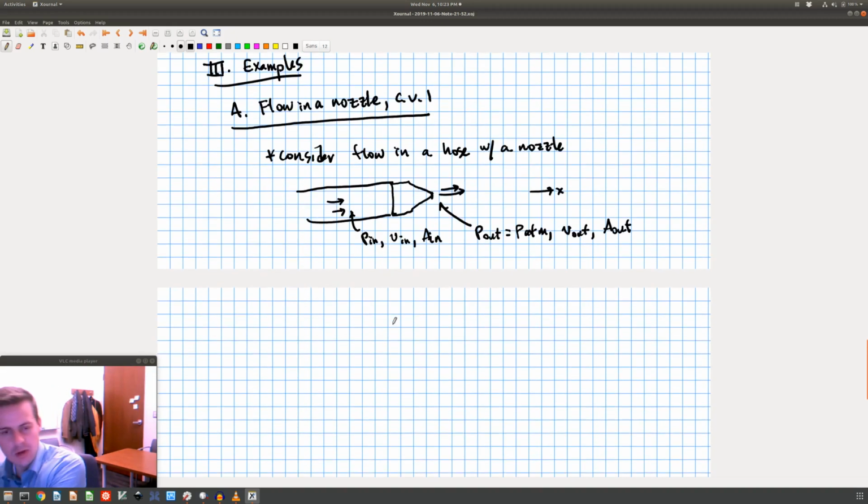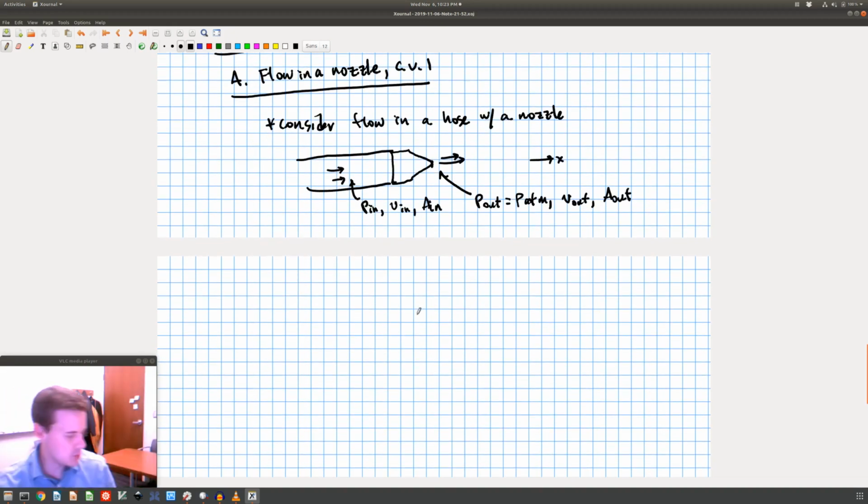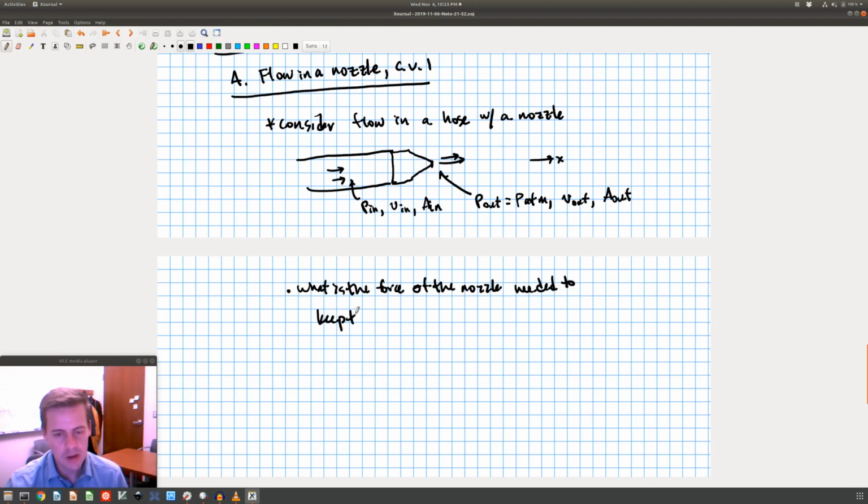Let's ask the question as follows. What is the force of the nozzle needed to keep the hose from moving?